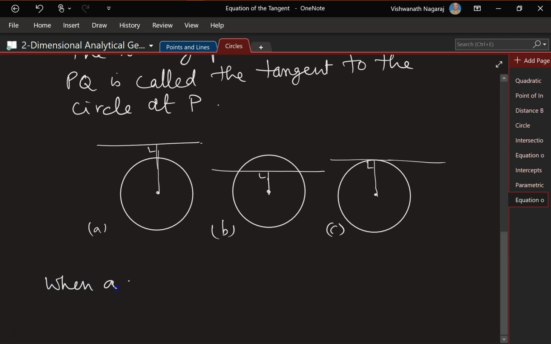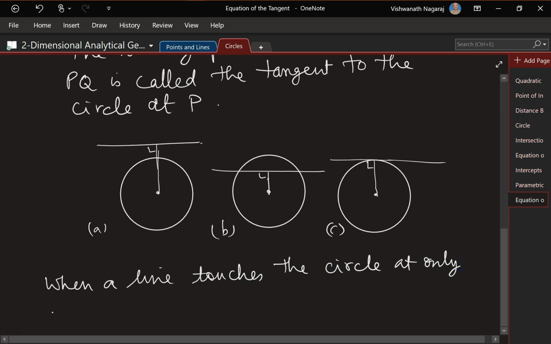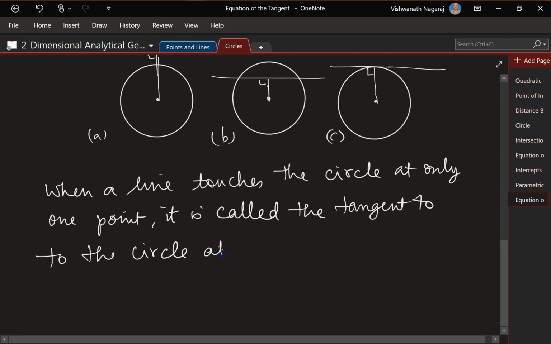When a line touches the circle at only one point, it is called the tangent to the circle at that point.